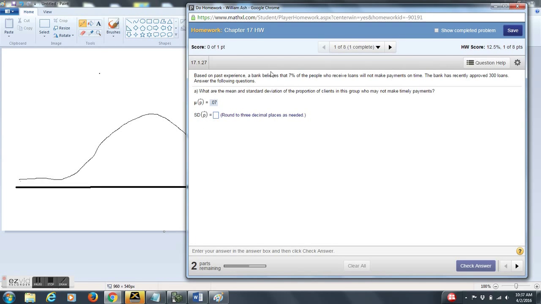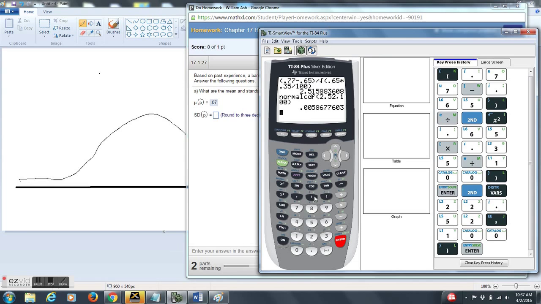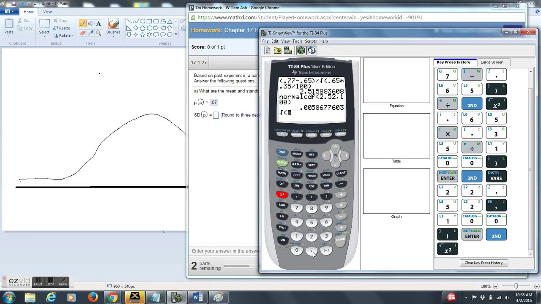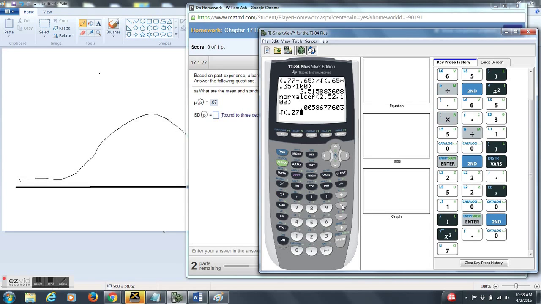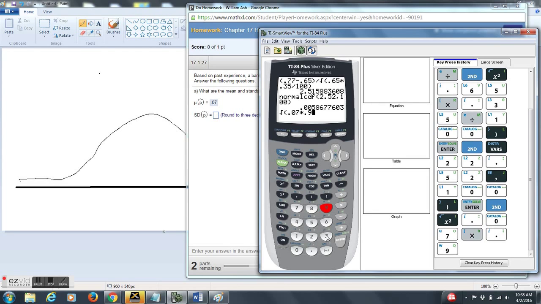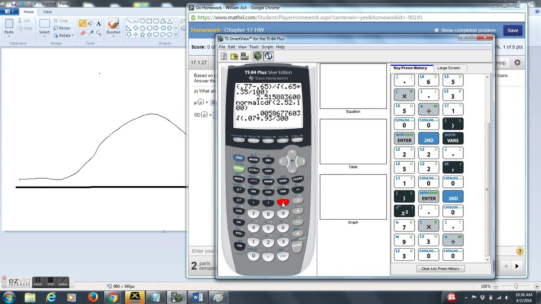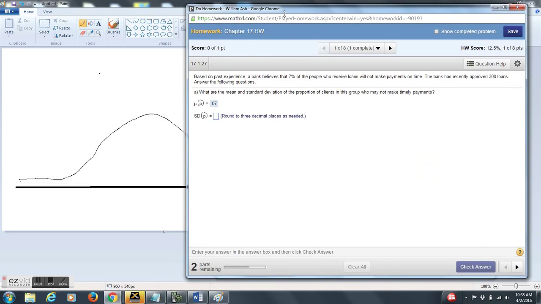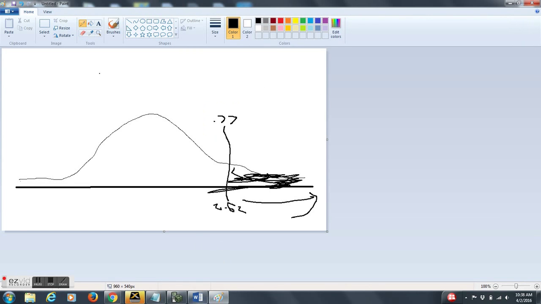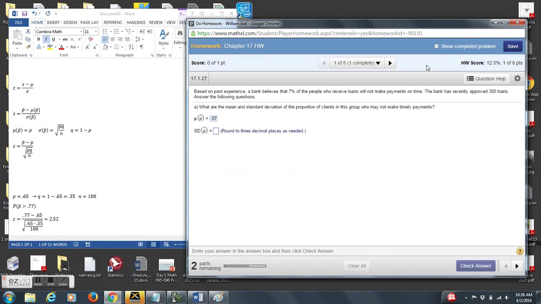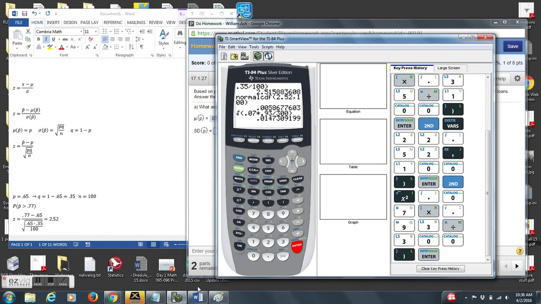P is 0.07, that makes Q 0.93, and N is 300, so I go through that formula: square root of 0.07 times 0.93 divided by 300. Three decimal places, they say. Cool, 0.015.